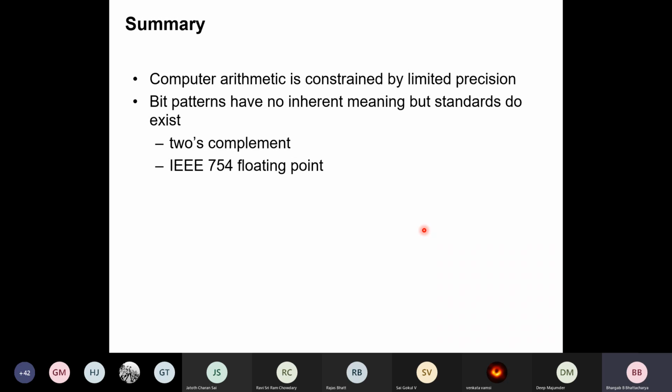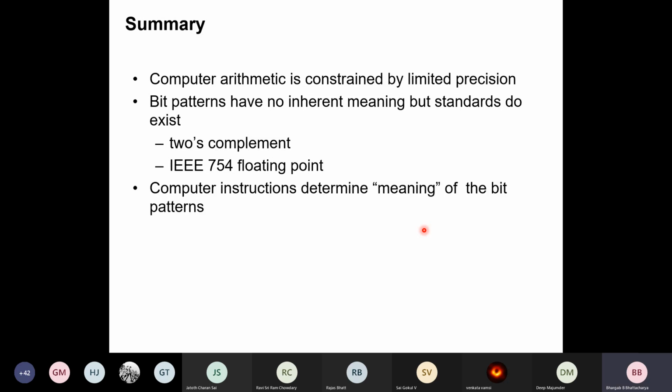So we have two's complement for integer representation, and the IEEE 754 committee recommended floating point format, both for single precision and double precision. During the execution cycle, the meaning of the bit pattern is interpreted, whether it is an instruction or data, and if it is data, whether it is an integer or floating point.